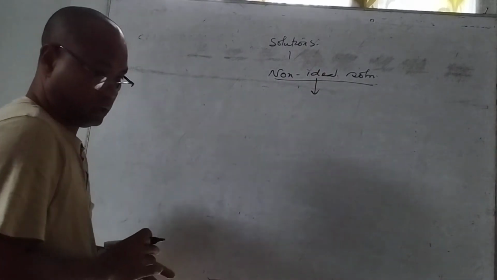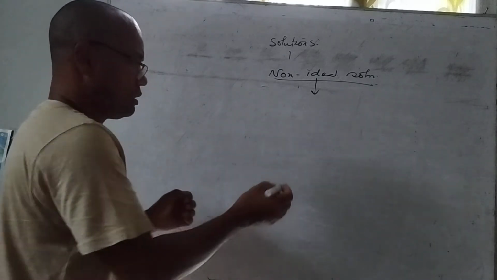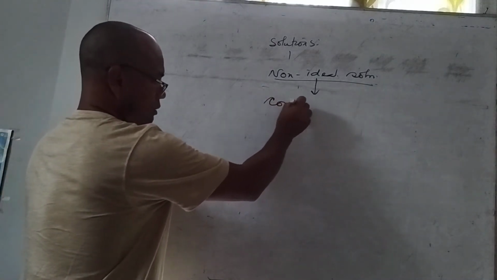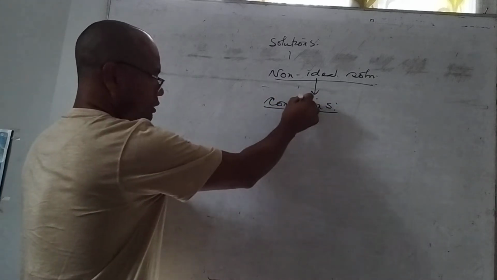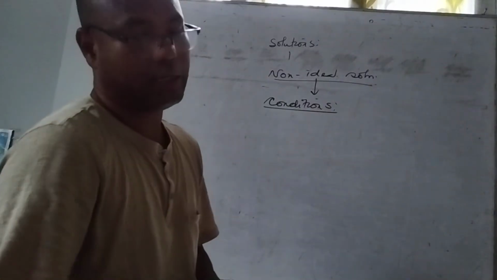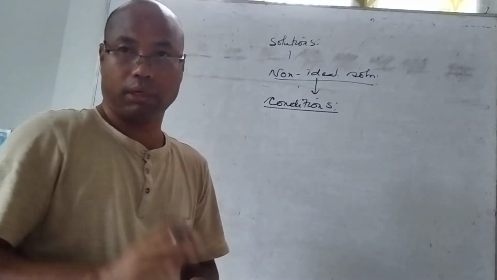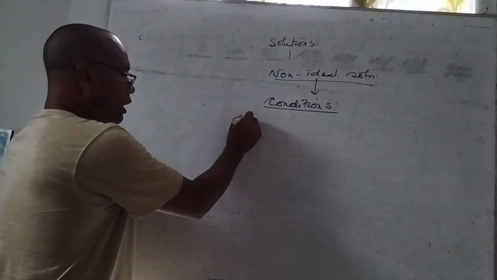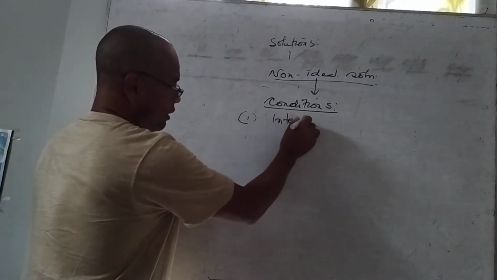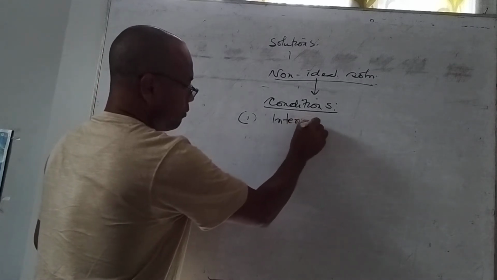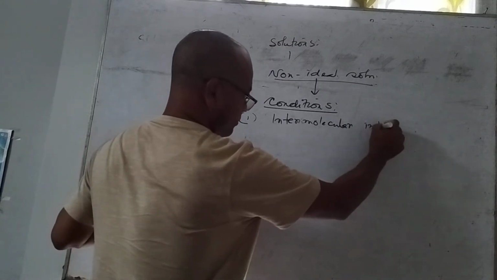Now, for the non-ideal solution, what are the important conditions? When we were talking about the ideal solution, we also started from conditions, right? Remember, I'm talking about intermolecular interaction.